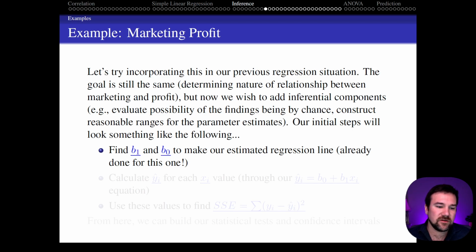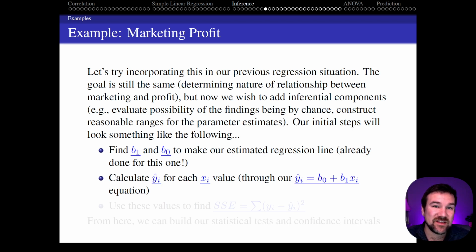The steps are going to look something like this. First, we're going to find B1 and B0 to make the estimated regression line. So we already did that for this one, but if I'm working on a raw problem, that is the first step. I have to find B1 and B0, and I have to make my estimated regression line equation. Next, I have to find the predicted values, and all of this eventually is going to have to do with the error.